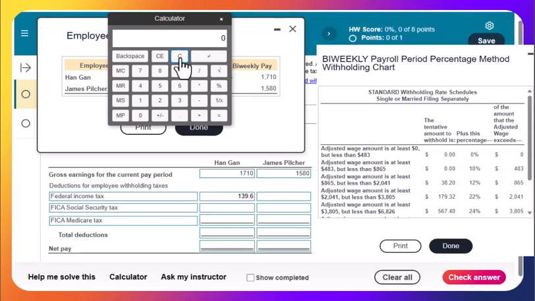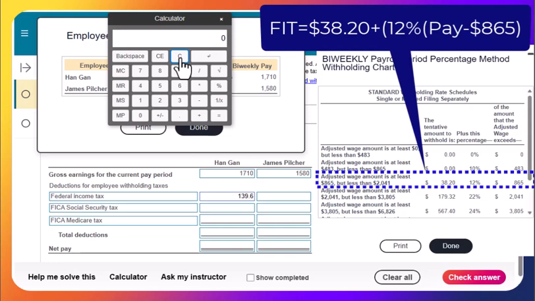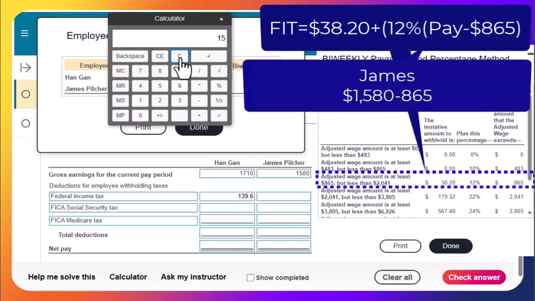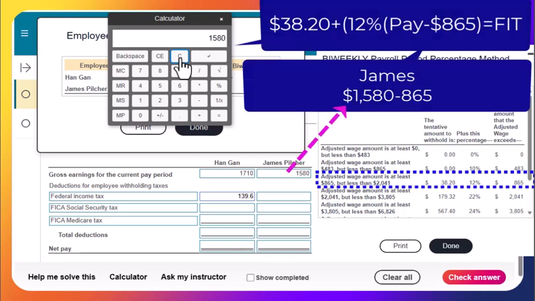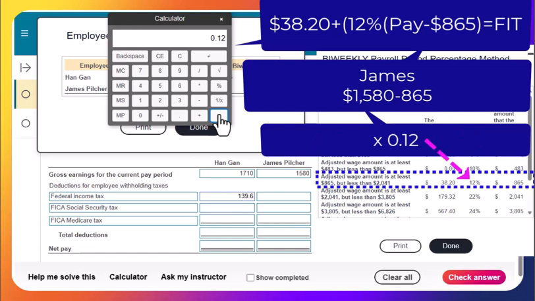Okay, and then we can now move on to James. So we can clear this out. And notice the amount that he makes is 1,580, which happens to also fall in the same bracket here. So we're going to take the 1,580, we're going to subtract out 865. We're going to multiply that number by the 12% or 0.12.